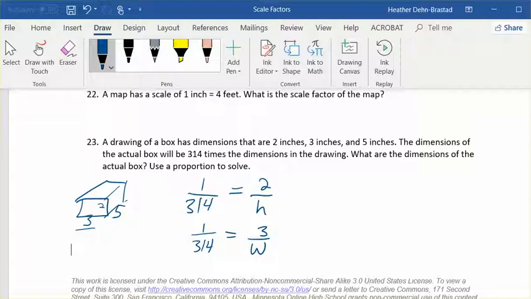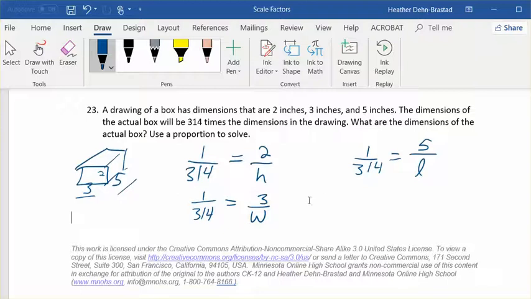And we'll be looking for, I'll call this the length. That's a 5, so you're using the same scale factor each time. You're just finding the missing real dimension. And again, you could probably use mental math for that, but that's how you would solve this one with proportions. So you still need to find the new dimensions.